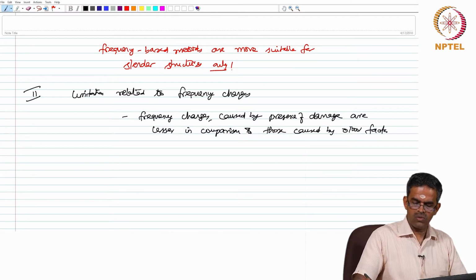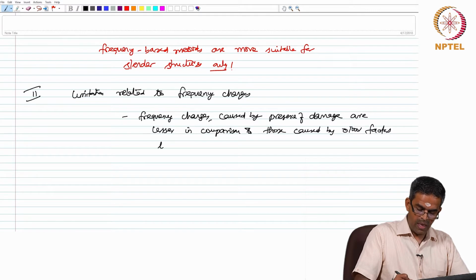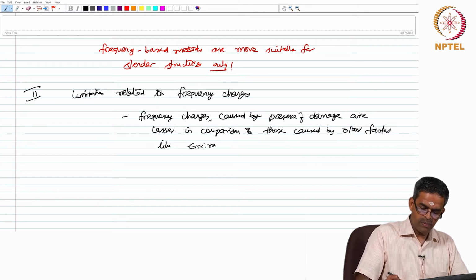Other factors can also cause change in frequency, like environmental and operational conditions.